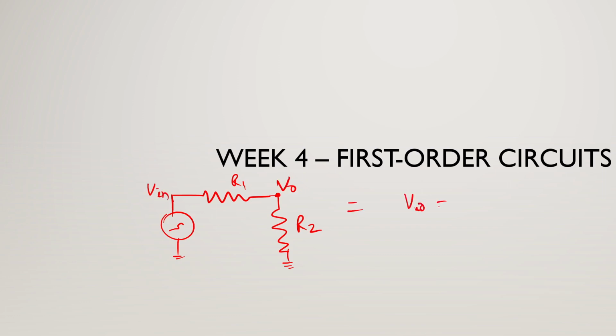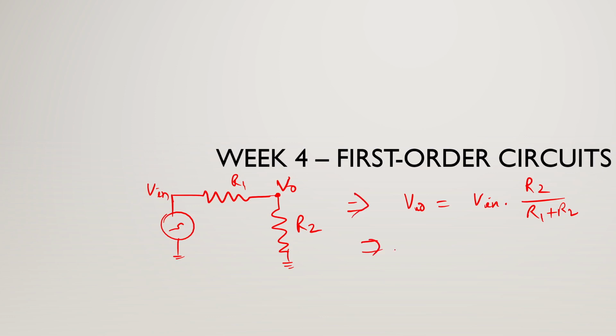Suppose you have only a single voltage source, then a resistor R1 and a resistor R2, and suppose you are interested in writing the voltage at this node VO in terms of voltage at this node Vin. What will this be? VO is equal to, it's a simple resistive divider, right? So VO is equal to Vin times R2 divided by R1 plus R2, isn't it?